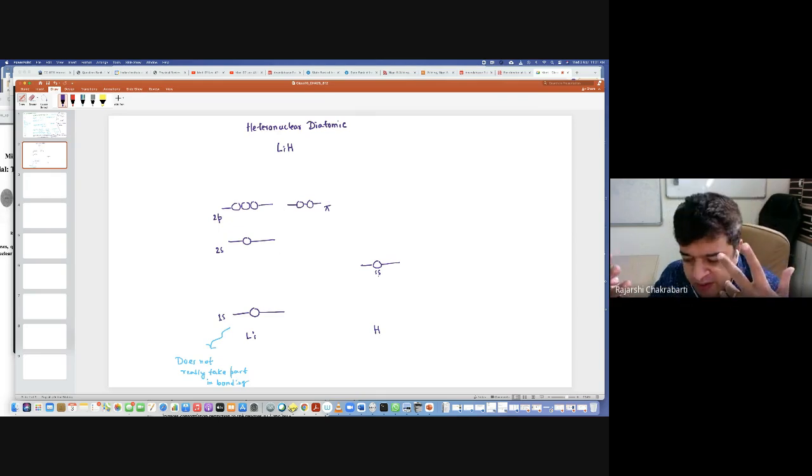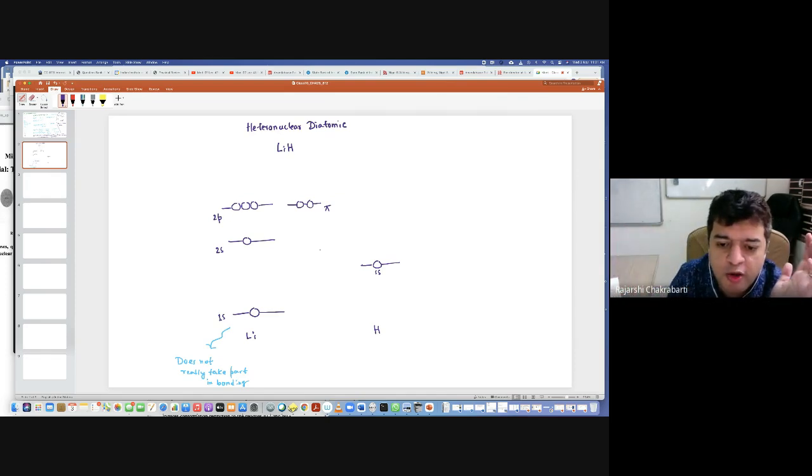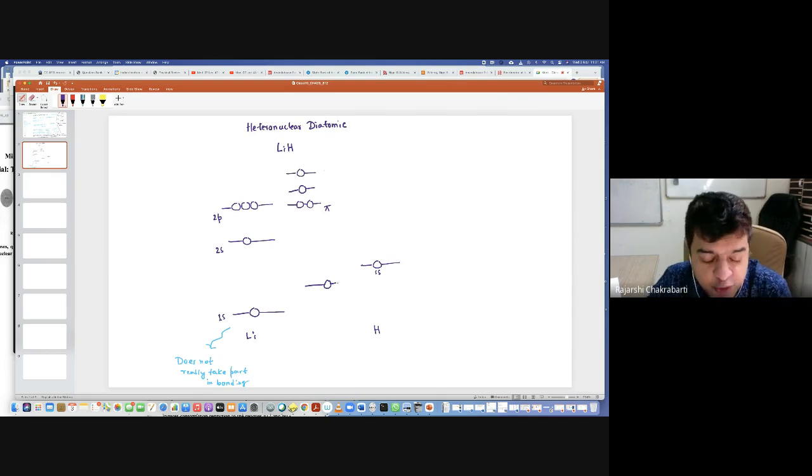But then 1 2p, which is 2pz, 2s and 1s. If I have 3 orbitals and they mix, how many MOs are you going to get? 3, isn't it? One is here, one is here, and the other is here. These are sigma type MOs.